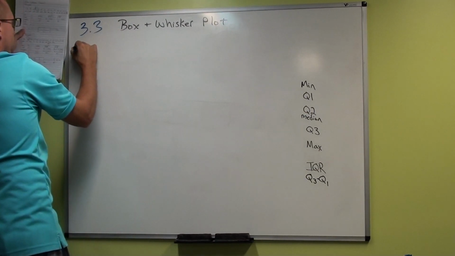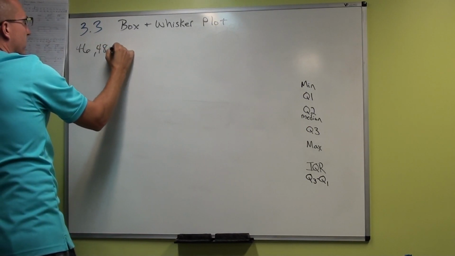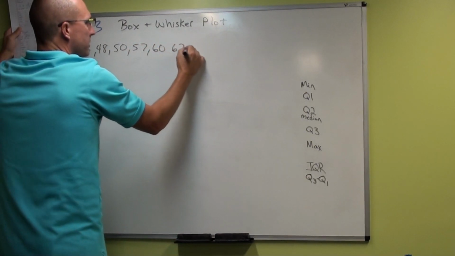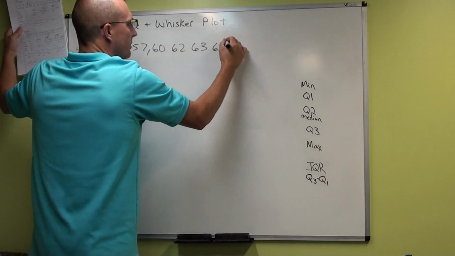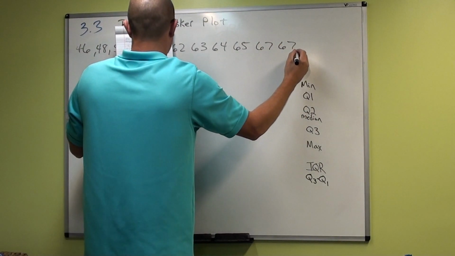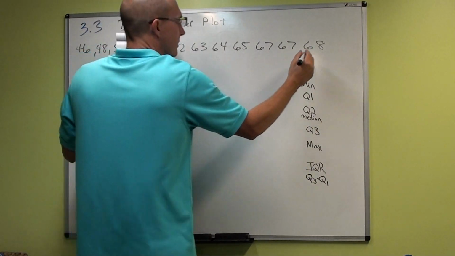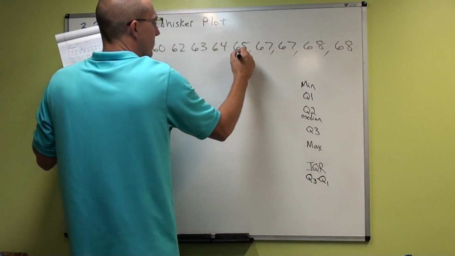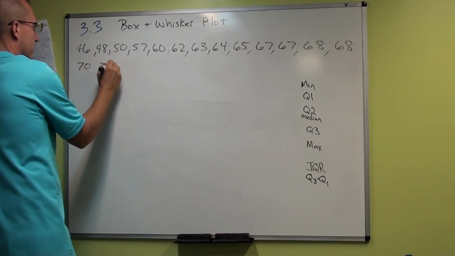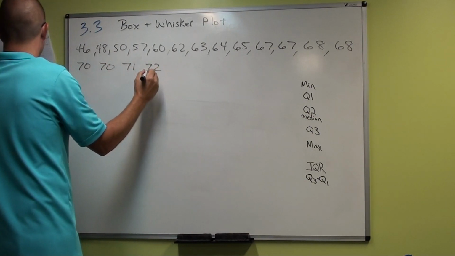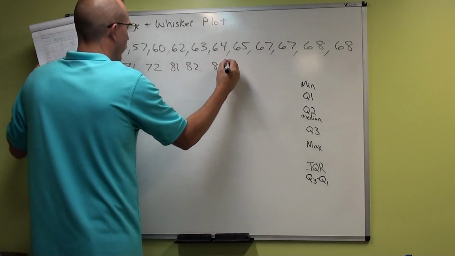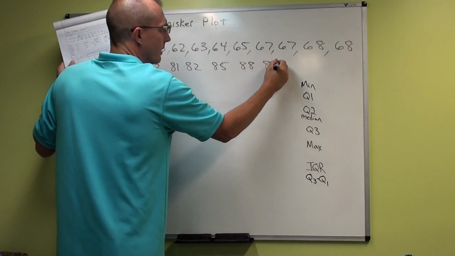Here we go. 46, 48, 50, 57, 60, 62, 63, 64, 65, 67, 67, 68, 68, and then we have 70, 70, 71, 72, 81, 82, 85, 88, and 89.